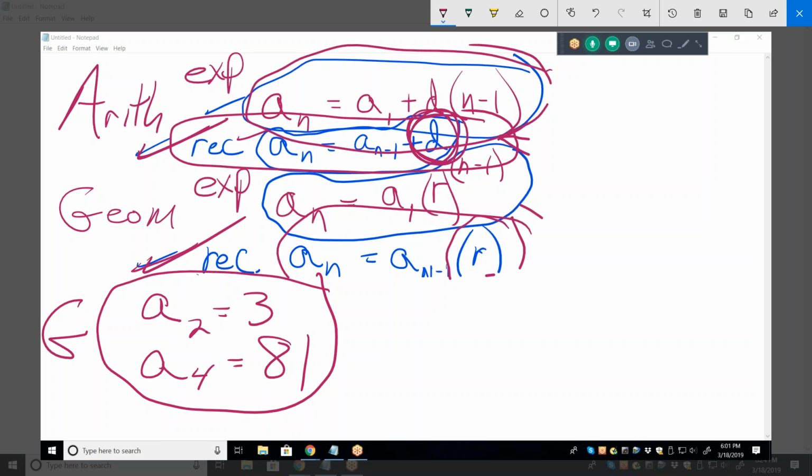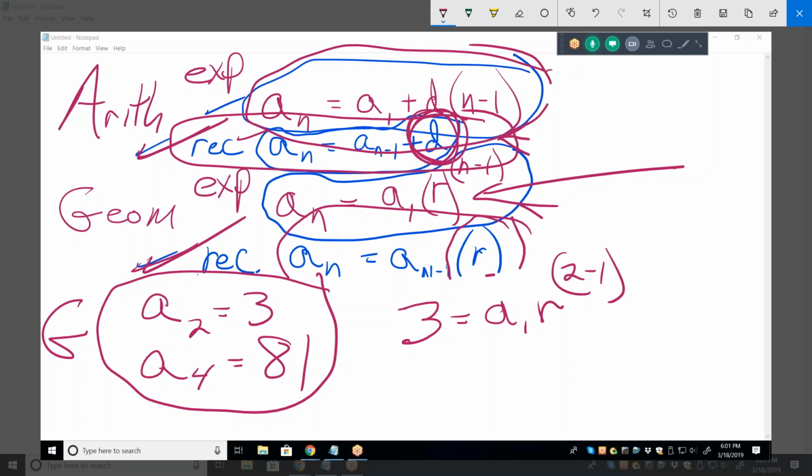It's a geometric sequence, so it has to abide by that. And we're told that a sub 2 is 3. So 3 has to equal a sub 1. And we don't know yet what the common ratio is, but we know it's the second term.